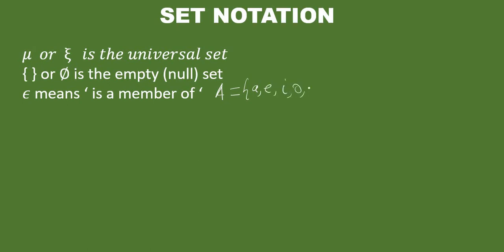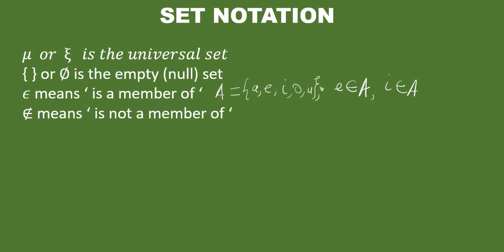Now with this, I can say that E is a member of A, because E is in here, and I can as well say that I is a member of A, and so on. So when an element is a member of the set, this is how you represent it.